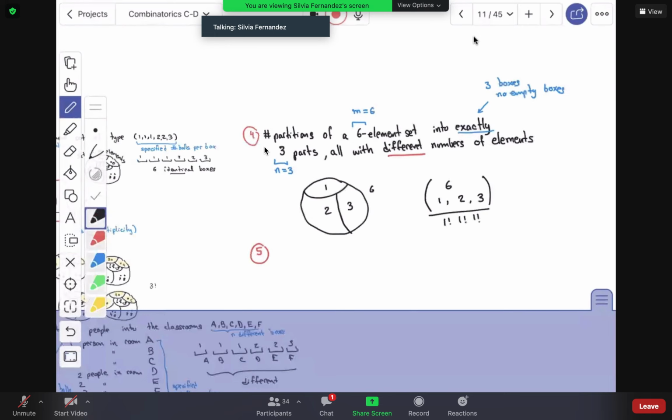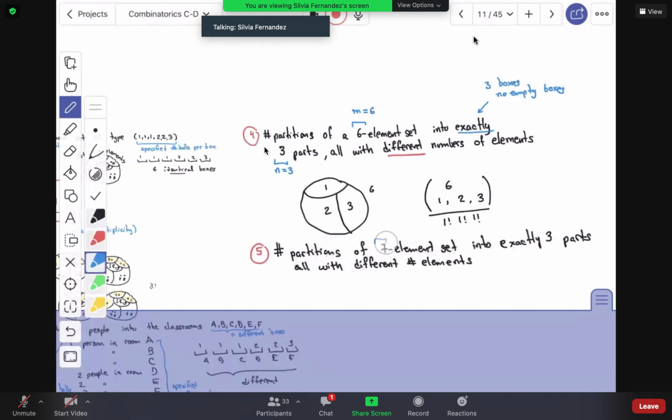Okay, so number of partitions of a 7-element set into exactly 3 parts, all with different number of elements. So the same problem, but I just changed my M to 7, right? That's the only thing.